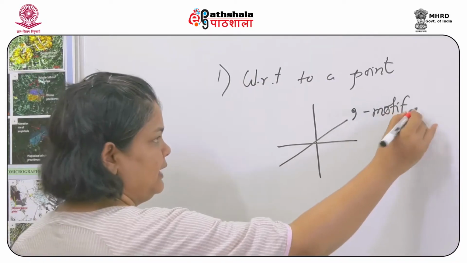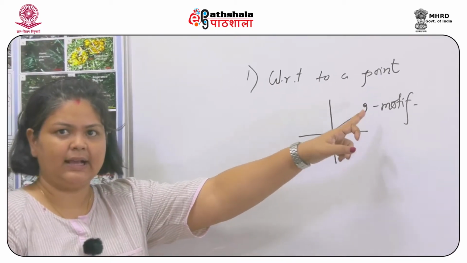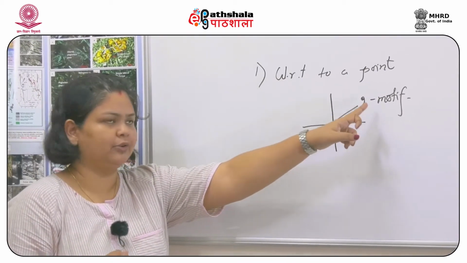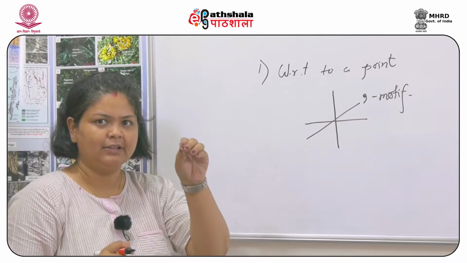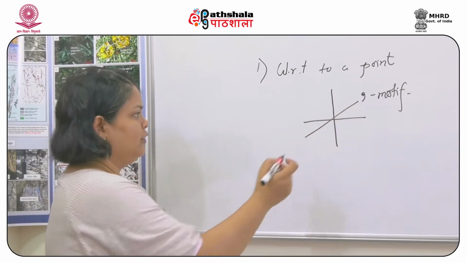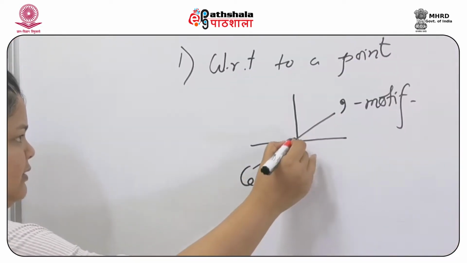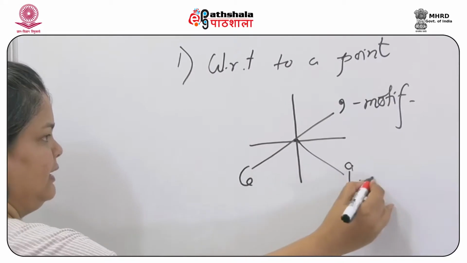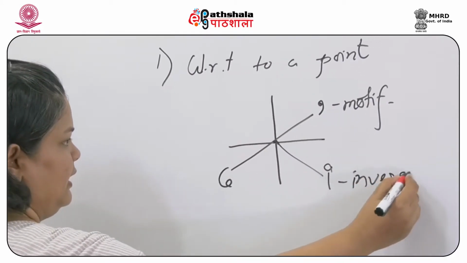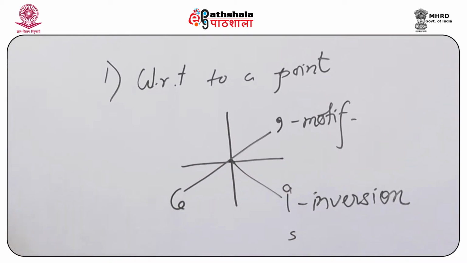A motif is nothing but a representative of the ion, atom or molecular group which defines the unit of a crystal. So if I invert that from here, this is what is called I, the inversion center, and this is what is called symmetry with respect to a point.